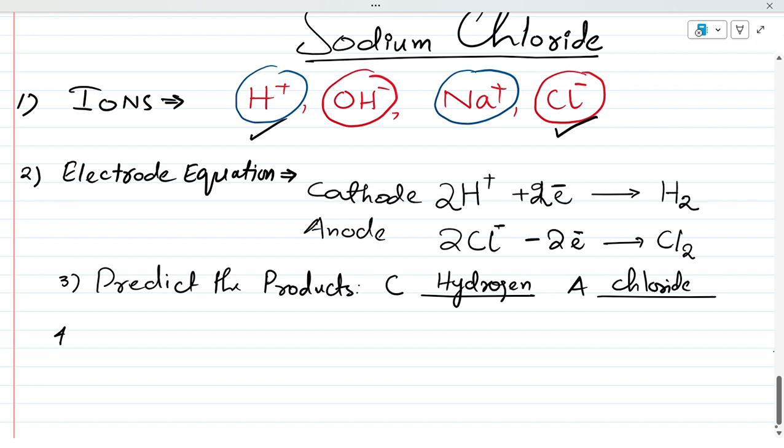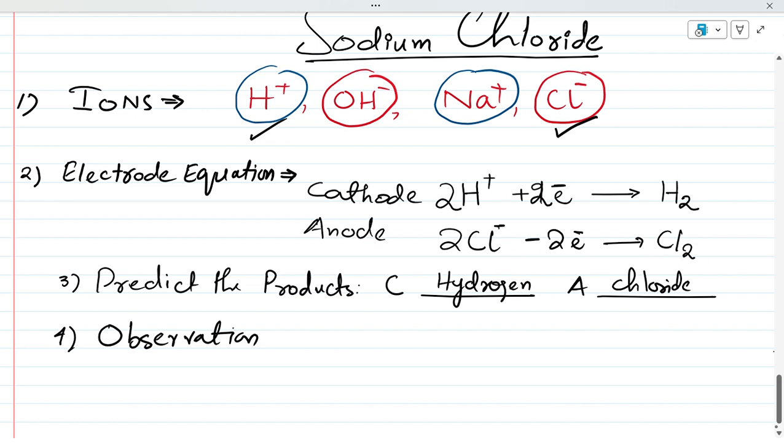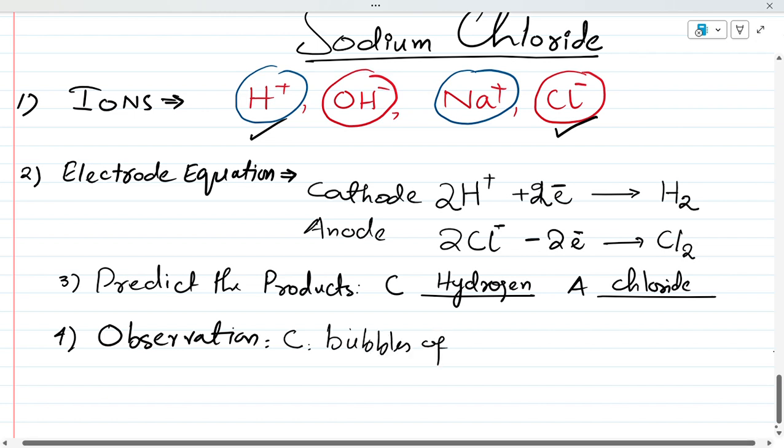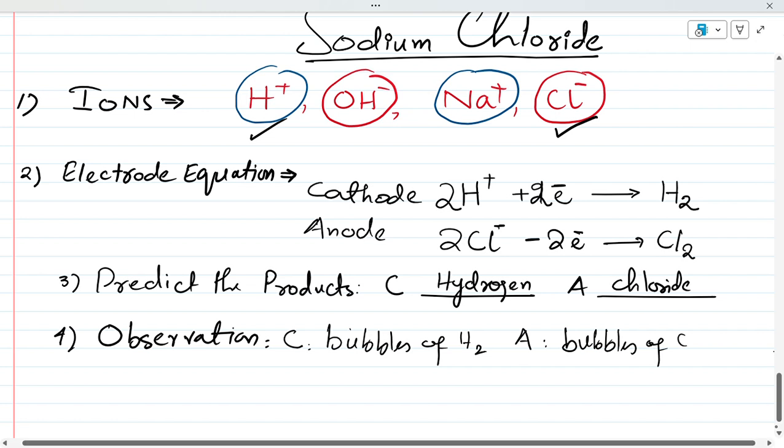Now for the fourth one, if you are supposed to identify the observations, what are the observations at the positive and the negative electrodes? At the cathode, hydrogen is formed in the gaseous form, so you could mention the bubbles of hydrogen gas, or effervescence, the fizzing sound of the hydrogen gas seen, whereas on the anode you could mention bubbles of chlorine gas.